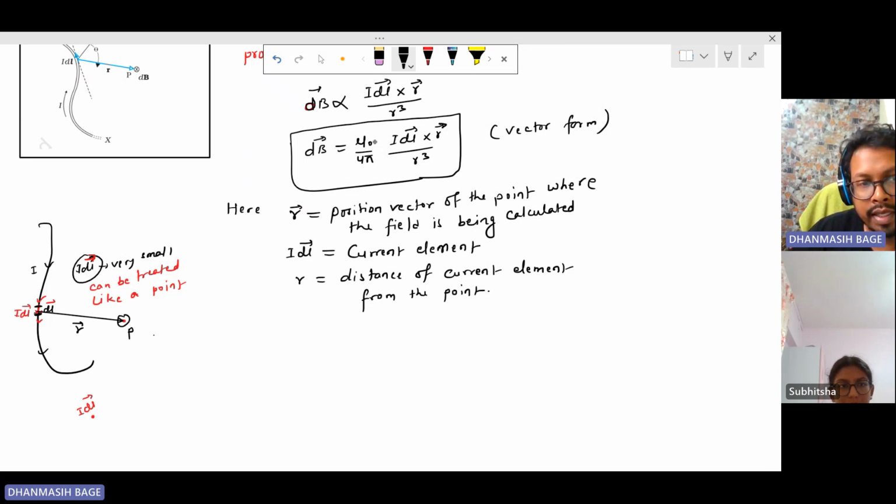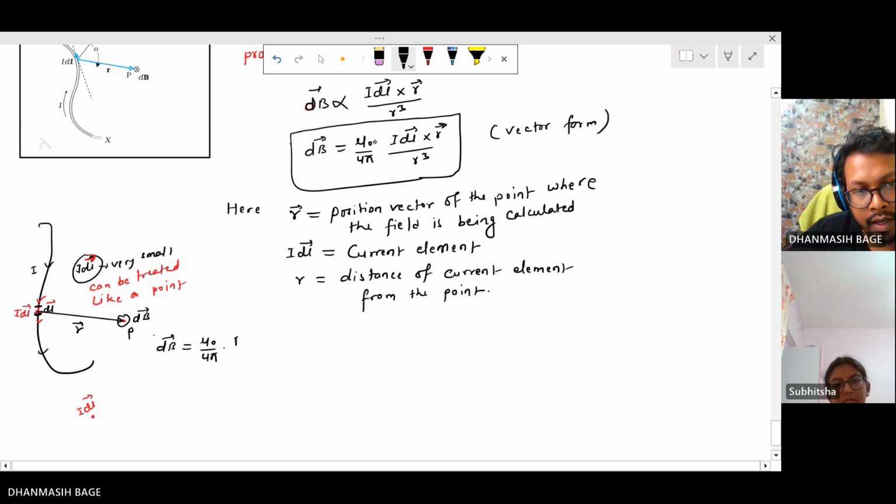Simple. Now, exactly how much field is produced by this element? dB vector is equal to mu naught by 4 pi, I dl cross r vector divided by r cube. r cube is just the magnitude.